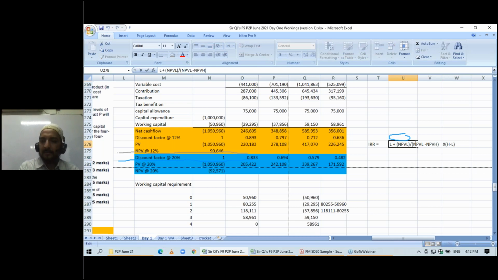Let me simplify a bit for you so that you can calculate it properly in the calculator.